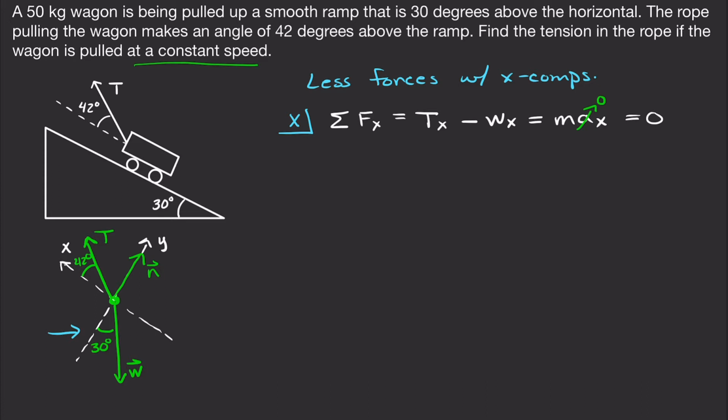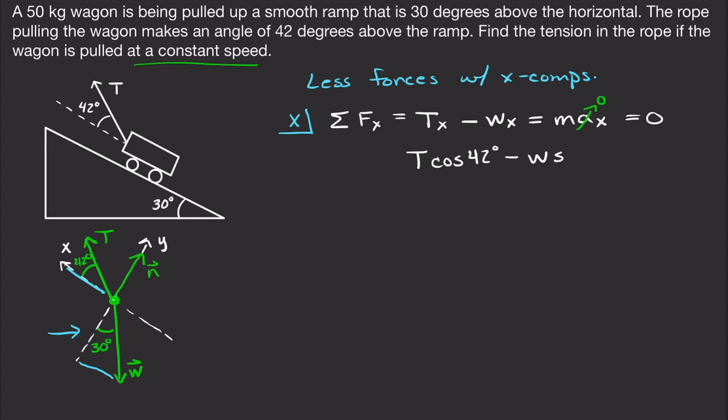Okay, so if I look at the tension force, the x component is adjacent to this 42 degree angle, so the x component is going to be tension times cosine, so cosine is always adjacent, 42 degrees, minus the weight, and the x component of weight is opposite of this 30 degree angle.